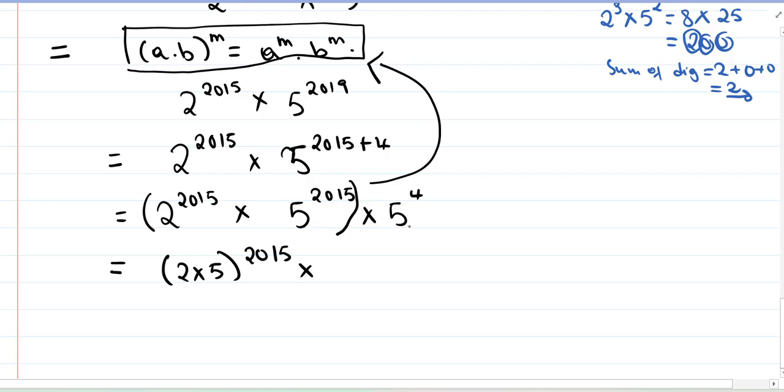Now what is 5 to the power of 4? 5 to the power of 4 is 625. Now what is this? This is 10 to the power of 2015 multiplied by 625.